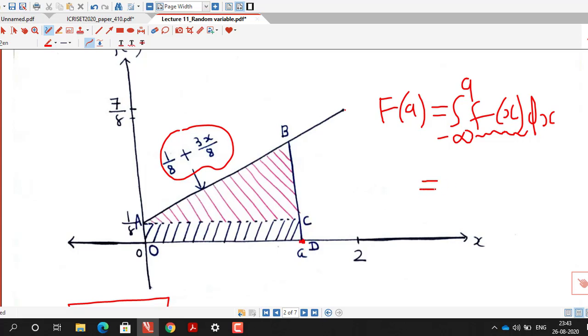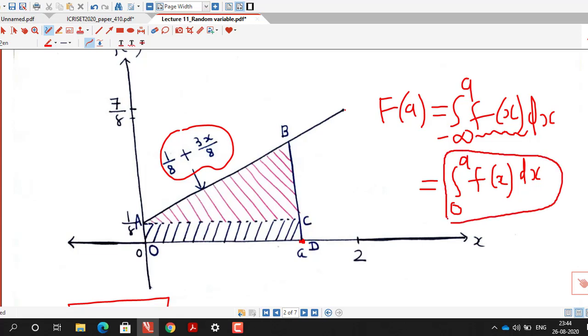Then we can write this as minus infinity to 0 plus 0 to a, but in minus infinity to 0 the function is 0, so this is 0 to a f(x) dx, because in minus infinity to 0 the probability density function is 0. Now this is nothing but the area under the curve f(x) between 0 and a.